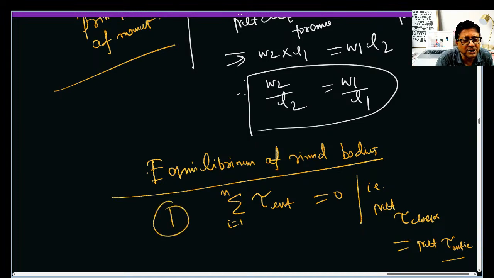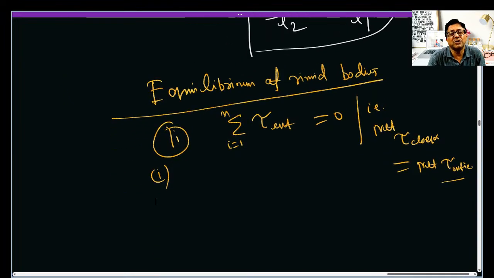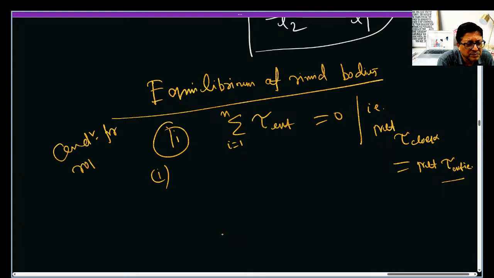This is one condition. This is actually condition number 2. And what is condition number 1? Since this is rotational motion, it ensures that it is in rotational equilibrium. You have to ensure translational equilibrium also. This is the condition for rotational equilibrium, and this is the condition for what?